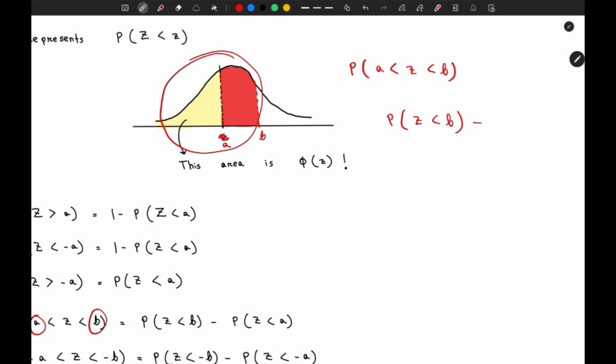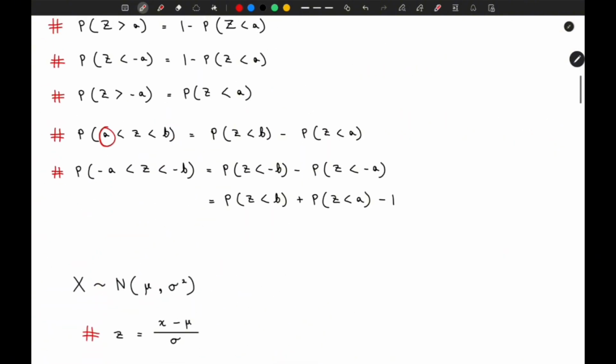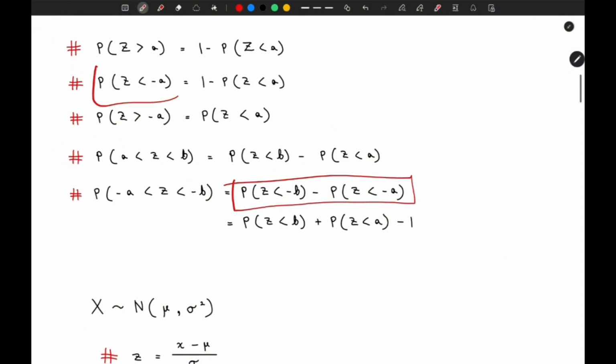And if you subtract probability of z is less than a, you'll get this area. And if you subtract it, you'll get the red region's area. So this is where the derivation of the formula comes from. And you do not need to remember this formula because you can derive it using the formulas above. Okay.